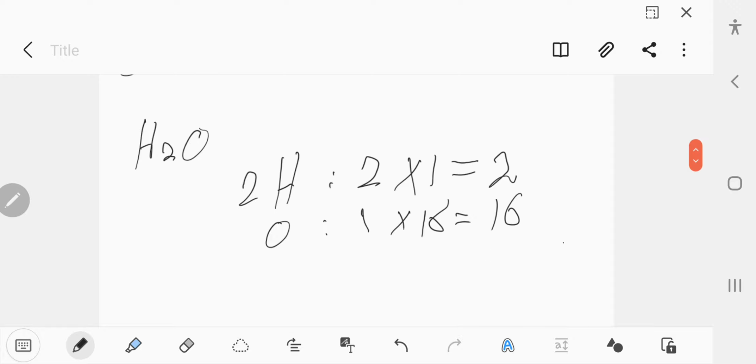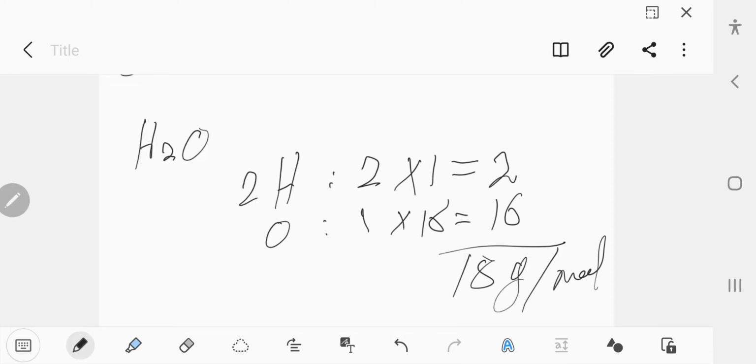So the total mass for water will be 18 grams per mole. Gram per mole, this is the meaning of the molar mass, which is the mass for 1 mole of the substance.